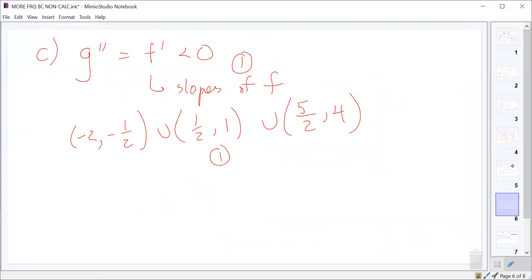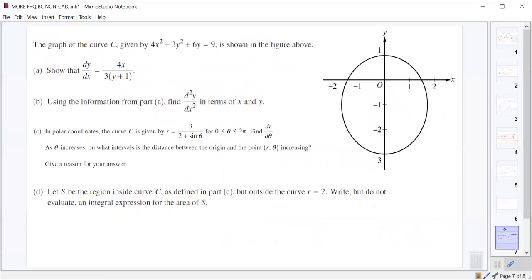Any other questions, anybody else? All right, we have a curve here, a nice little implicitly defined equation that then they eventually talk to us about polar coordinates with.